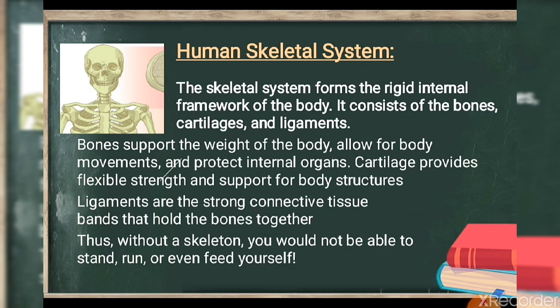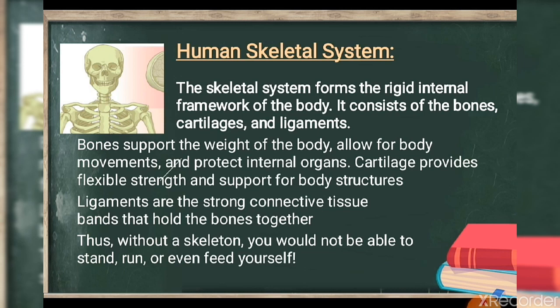Now our skeletal system consists of bones, cartilage and ligaments also. What are these? Bones support the weight of the body, allow for body movement and protect internal organs. Cartilage provides flexible strength and support for body structure.